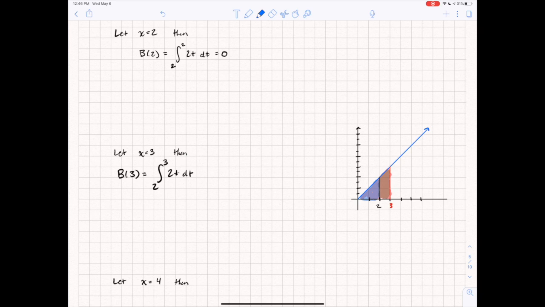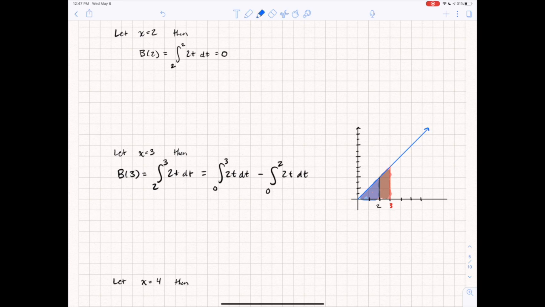So notice, if I find the overall area from 0 to 3, and then subtract from that the area from 0 to 2, that would give me the result from 2 to 3. So let me write that out. In other words, if I find the area from 0 to 3, and then I take away from that the area from 0 to 2, this gives me from 2 to 3.